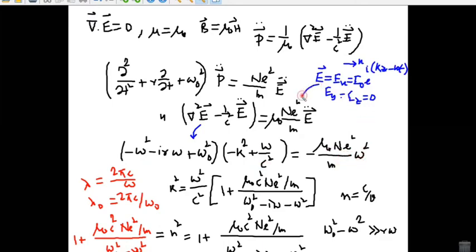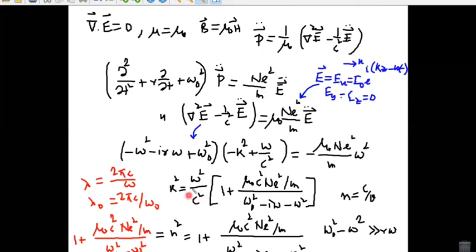After some rearrangement of this equation, we get the value of k square as omega square upon c square times 1 plus mu naught c square N e square over m over omega naught square minus i R omega minus omega square.